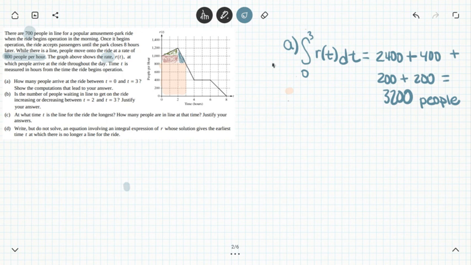For part B, we're asked to determine if the number is increasing or decreasing. We know something is increasing when the rate is positive and decreasing when the rate is negative. So in this case, we would assume that the rate is always positive. There's always people arriving at the line. But we also have to take into account that there are people leaving the line.